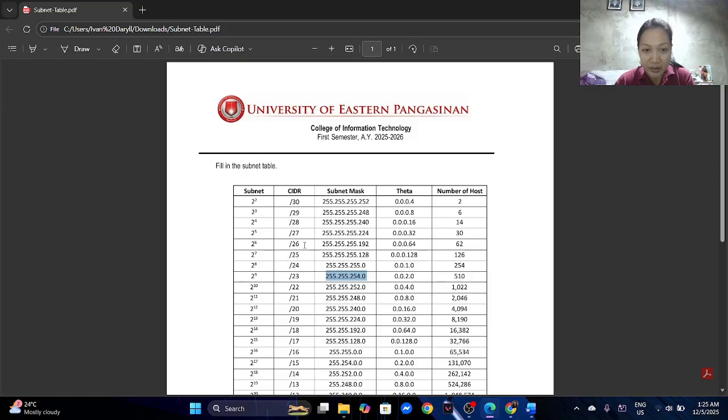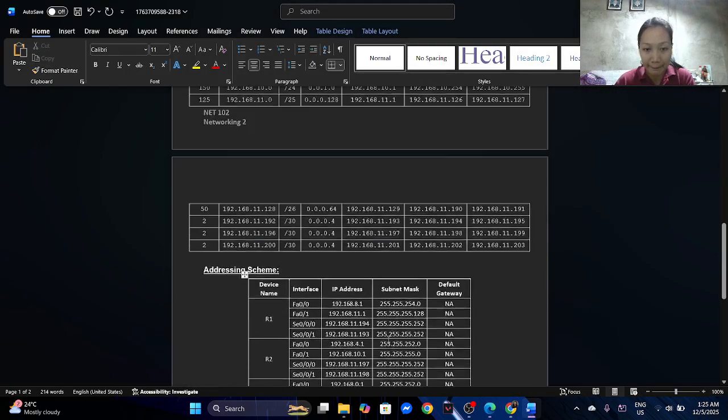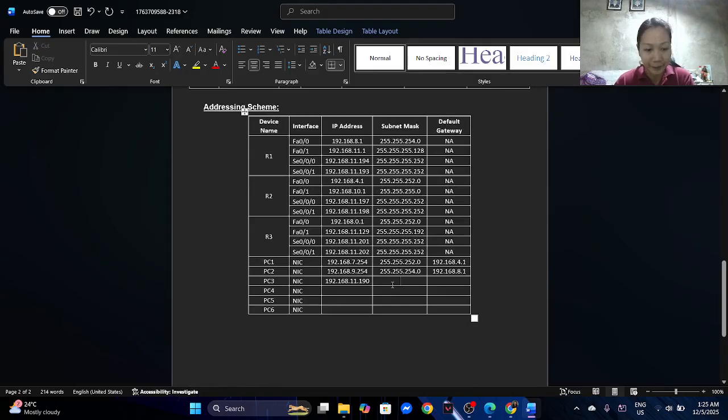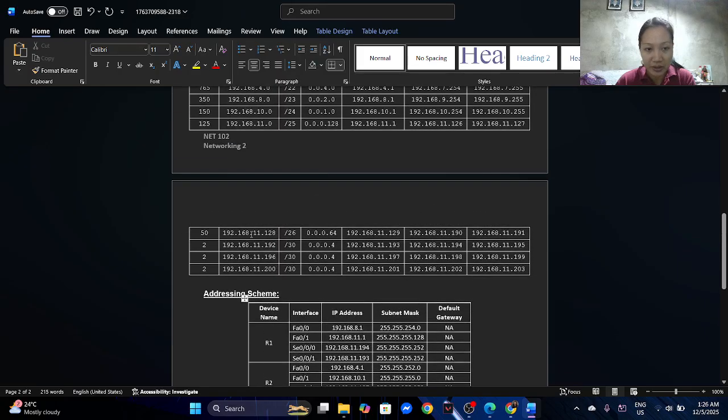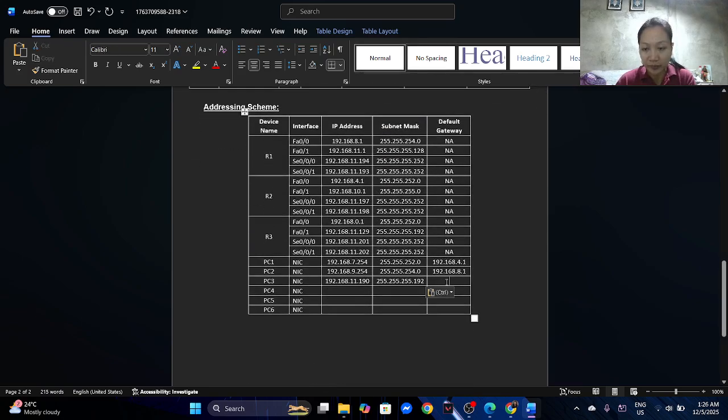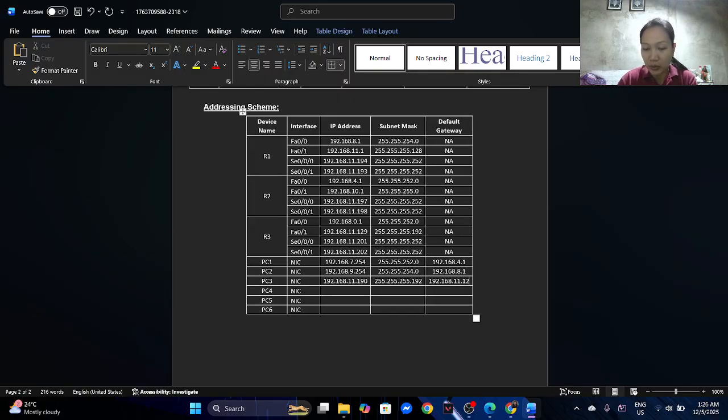Host 50 is CIDR /26. So the subnet mask would be 255.255.255.192. And the first usable address of host 50 is 192.168.11.129.